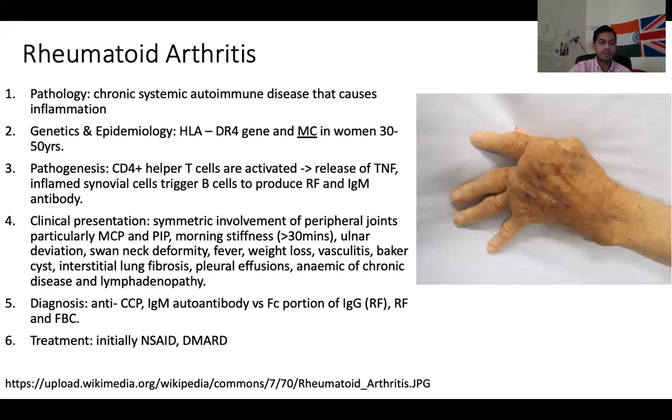And whereas rheumatoid arthritis has an HLA-DR4 gene association, the seronegative pathologies tend to be HLA-B27 associated. So these are the common pathologies of the joints. Obviously, there's gout and other pathologies, but I wanted to keep it as high yield as possible and only mention these two.